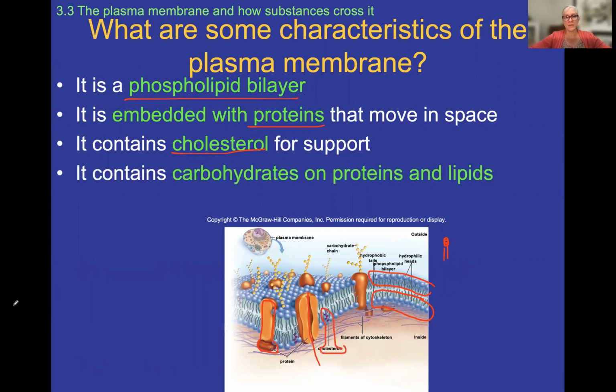And then occasionally you will see carbohydrates that are attached to the proteins. Here's a carbohydrate chain. It's attached here to the protein, and it actually makes the cell kind of sticky on the surface. In addition, there can be some additional lipids. So remember our categories of organic compounds: proteins, carbohydrates, lipids, and nucleic acids, which would be DNA and RNA. You don't see DNA and RNA in the plasma membrane.